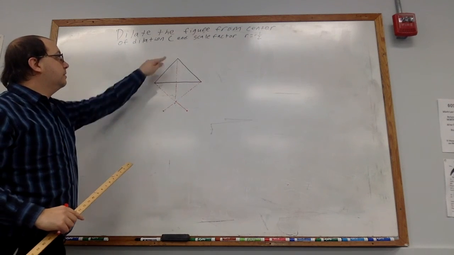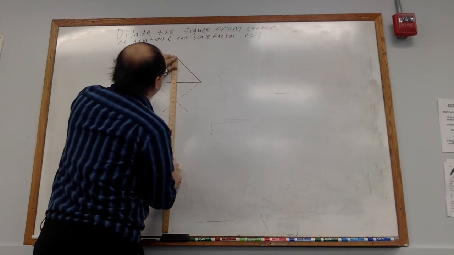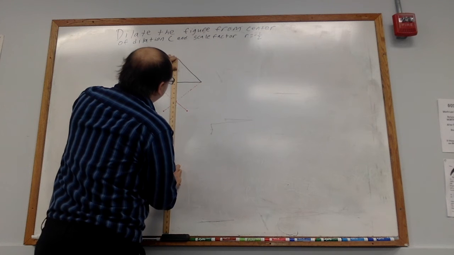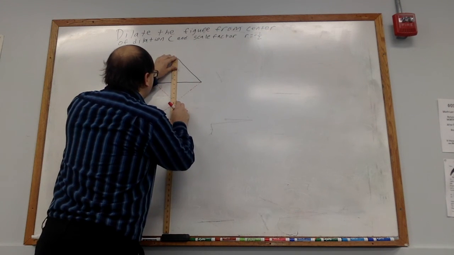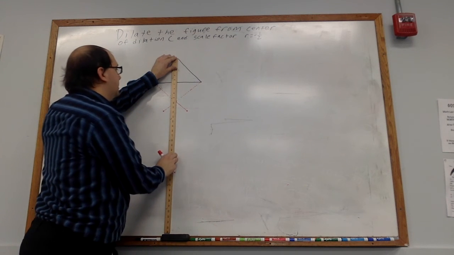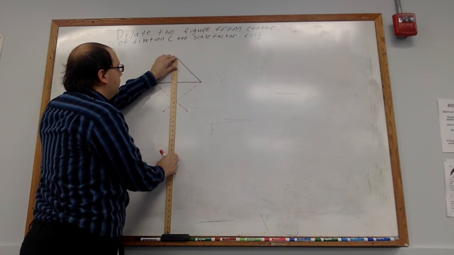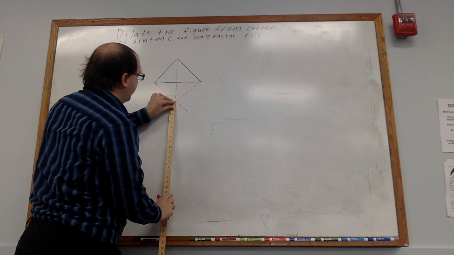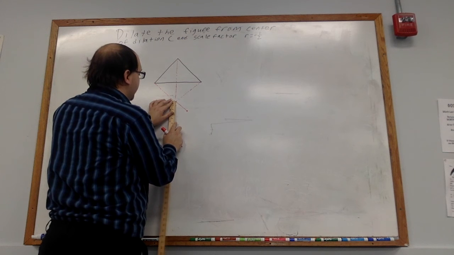And then this one right here is about 9 3/4. So that'll become, we'll go 4 1/2 and then another 3/8. So 4 7/8.